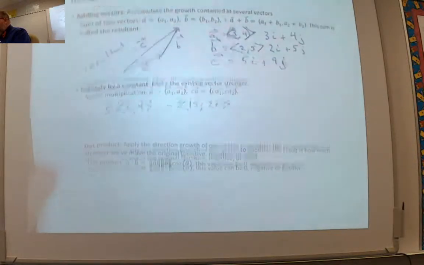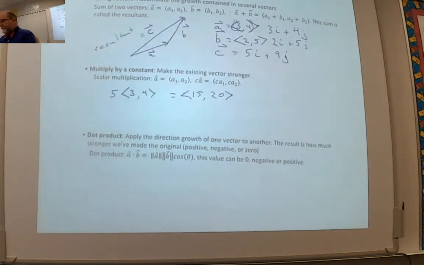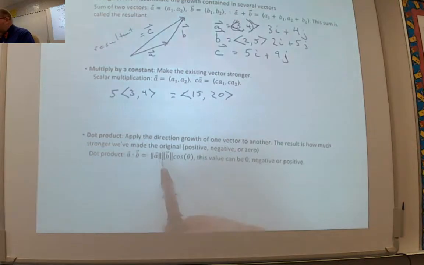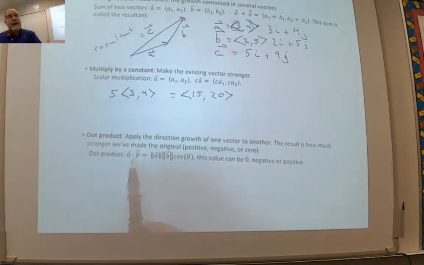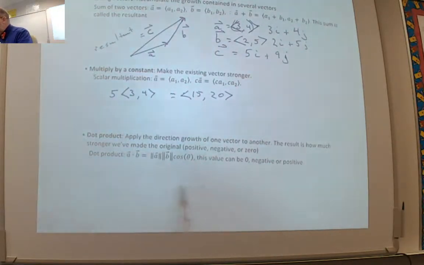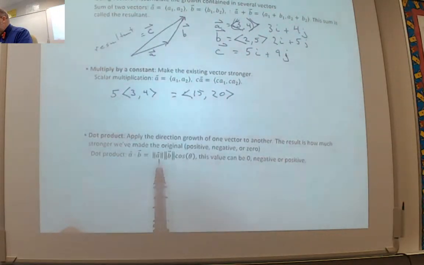There's something called the dot product. They call it the dot product because there are two ways to multiply vectors. One is called the cross product, and one is called the dot product. The dot product uses the dot for multiplication. The cross product uses the letter X for multiplication. This means you would find the magnitude of A, the magnitude of B, and the angle between them.